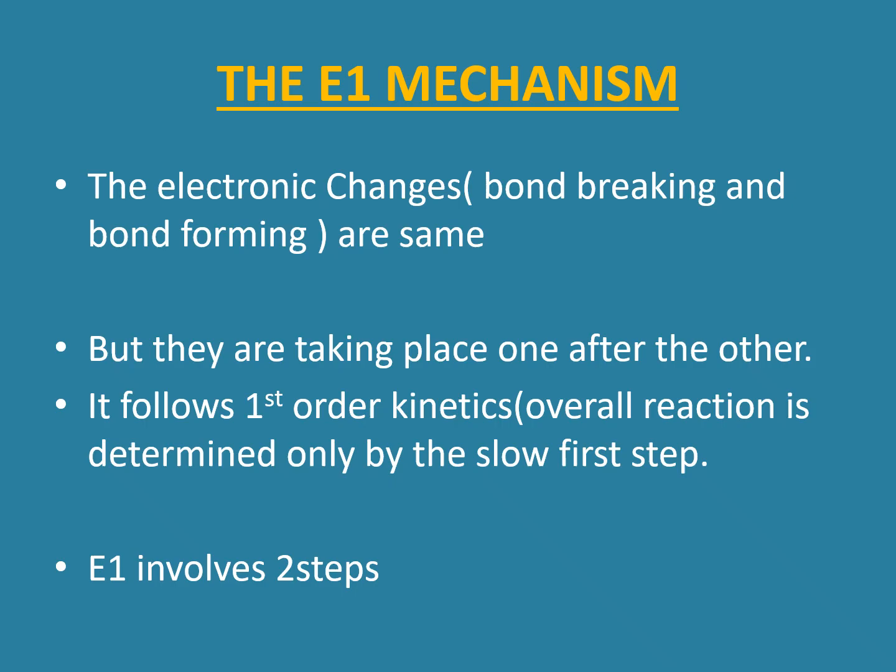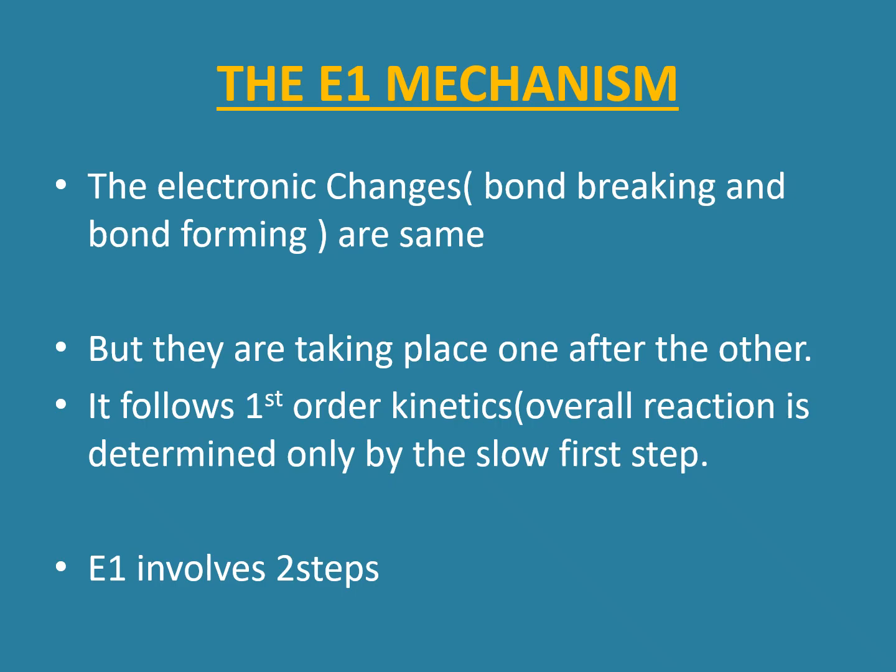but in the E1 mechanism these processes are taking place one after another. So simultaneously it is not happening as we have discussed in E2. But they are taking place one after another, and it follows first order kinetics. That means the overall reaction is determined only by the slow first step.